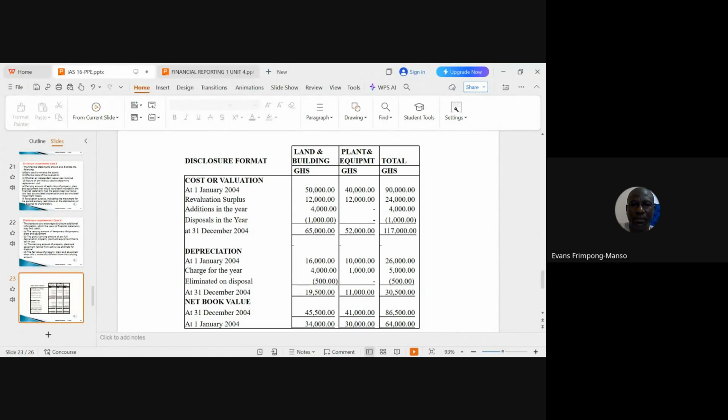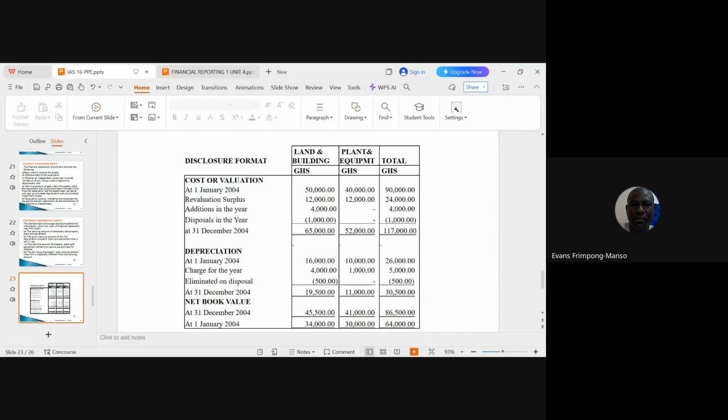When you deduct the depreciation from the cost, it gives you the book value, or the carrying amount, of the assets as at the end of the year. So land and building, the carrying amount will be 45,500. Plant and equipment, the carrying amount is 41,000.